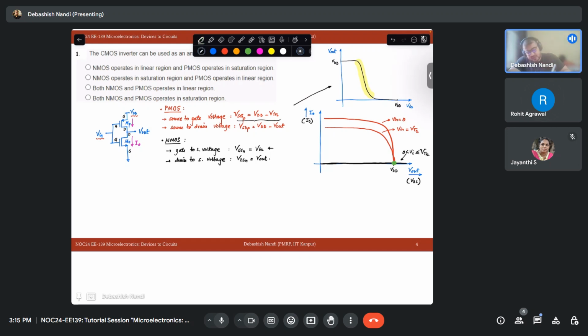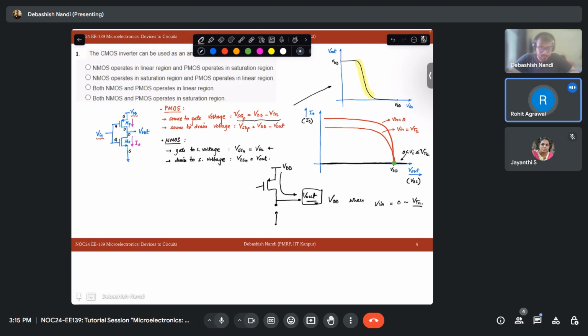In this case, my PMOS will be turned on, but my NMOS will be open always, right? Because no current is flowing. So whatever VDD is present will simply come to my Vout. So my Vout will always remain at VDD when my Vin is 0 to the threshold voltage of the NMOS.